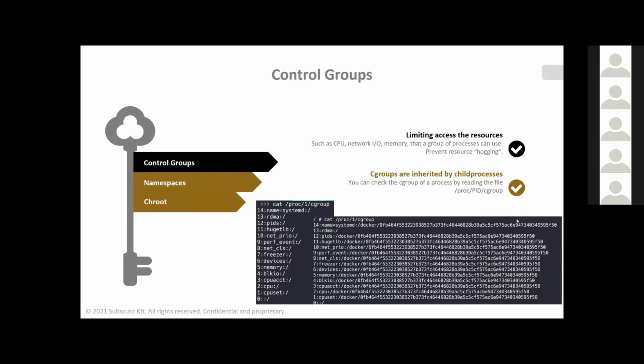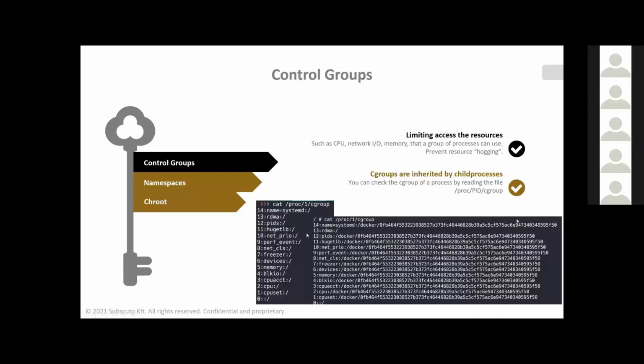Very simplistically, when a new container is spun up, it creates a Docker init process, which gets new cgroups, and all of the child processes inside the container are forked from that process. Because of that, all of them are going to inherit the same cgroup.